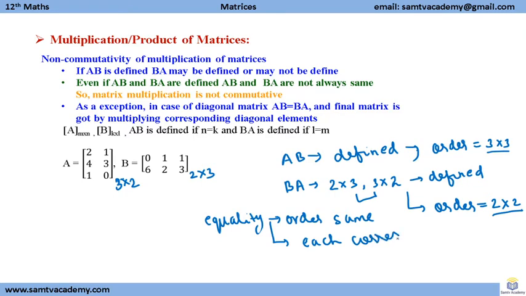Only then are the matrices said to be equal. So here we see the second point: even if AB and BA are both defined, it is not necessary that AB and BA are the same, and so matrix multiplication is not commutative.